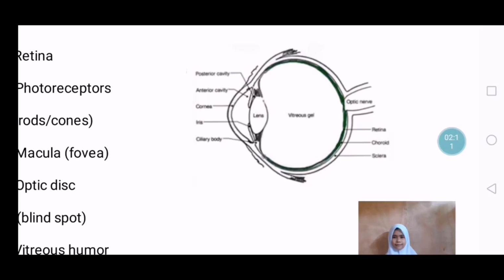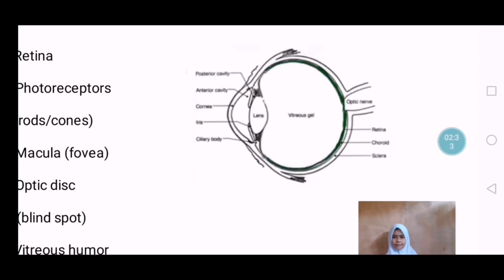The macula has a very high concentration of photoreceptor cells that detect light. It is located in the very center of the retina, and in the center of the macula is the fovea, which is the most important part of the eye, as it is responsible for high visual acuity.